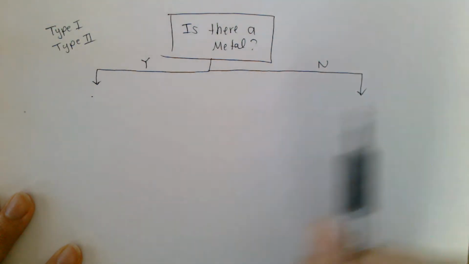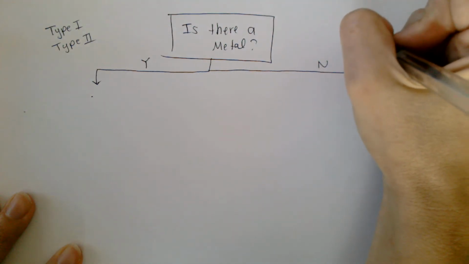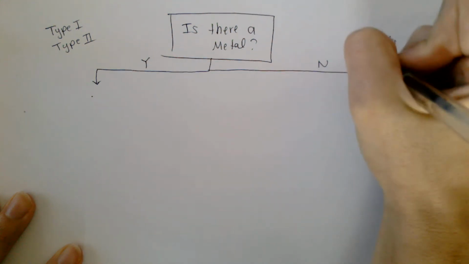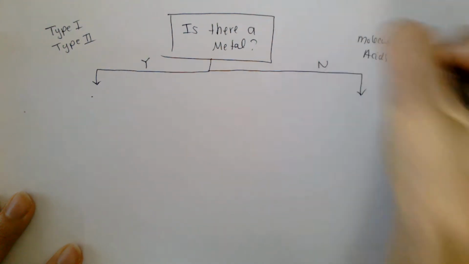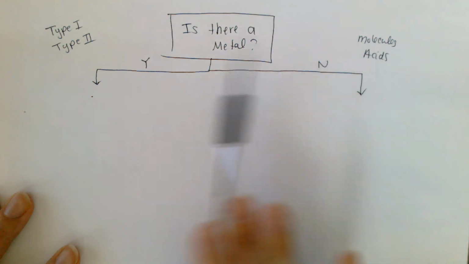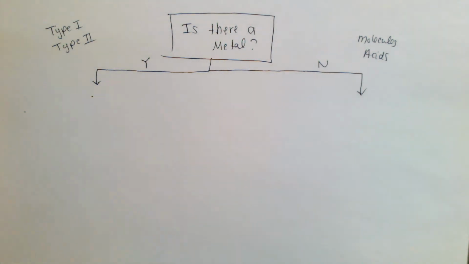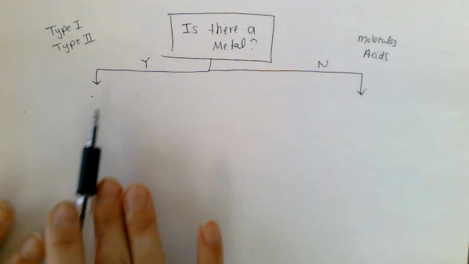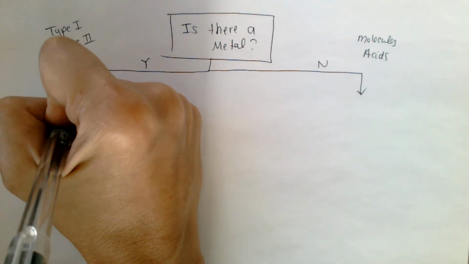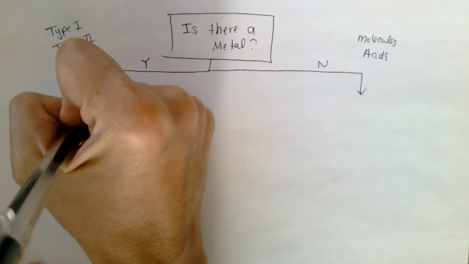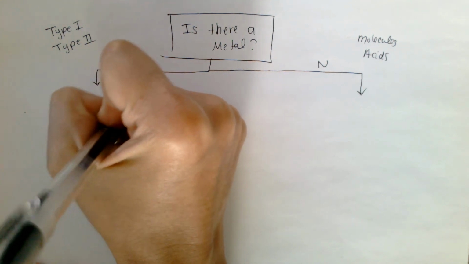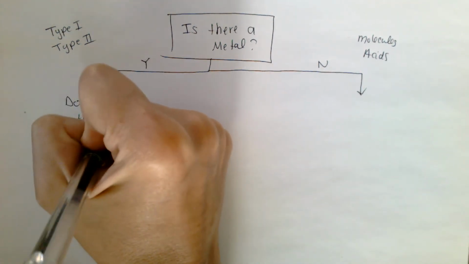If the answer is no, you're looking at molecules and you're looking at acids. Okay, so we've just divided essentially our naming system into 2 categories just by looking to see if there's a metal. So the next thing you can ask is, do I know the charge?